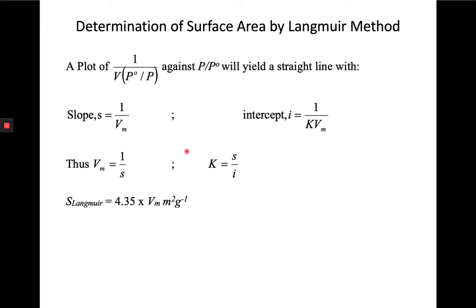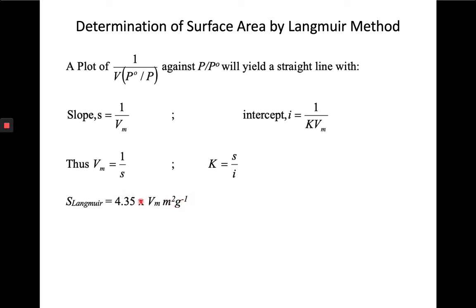Thus Vm equals 1 over the slope and K equals slope over the intercept, where K is the equilibrium constant. Okay, so the surface area equals 4.35 times the Vm and the unit is meter squared per gram.